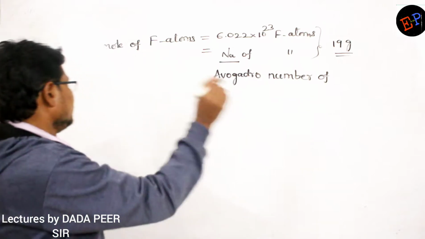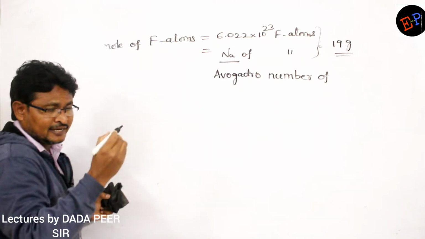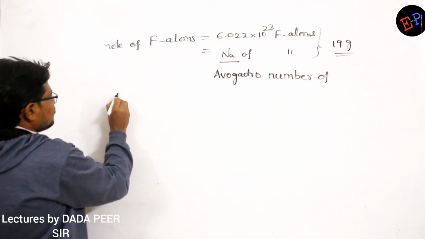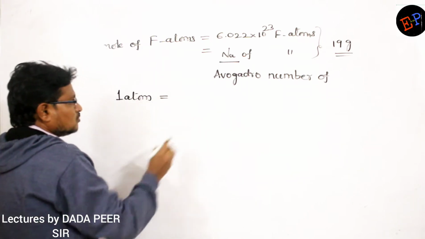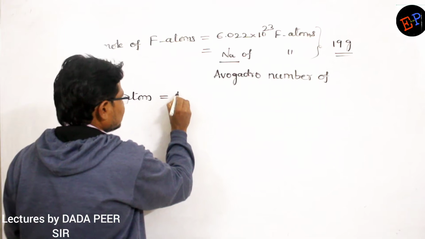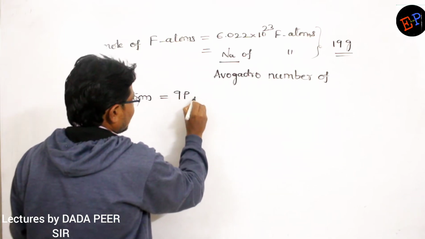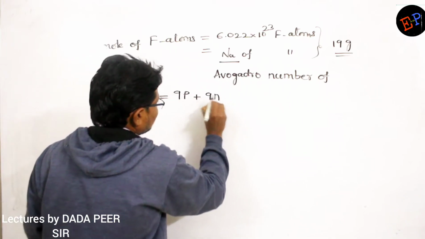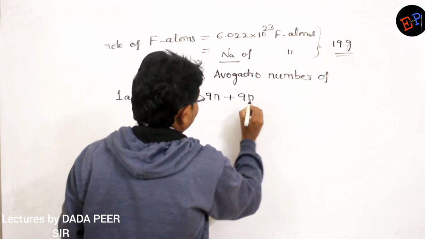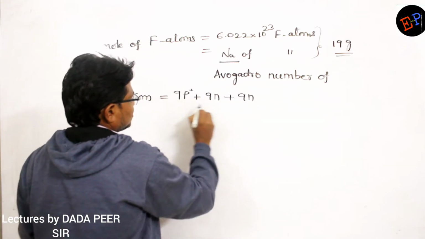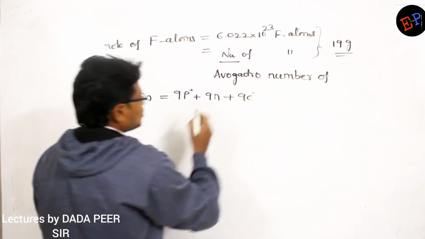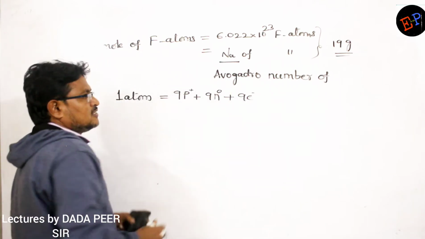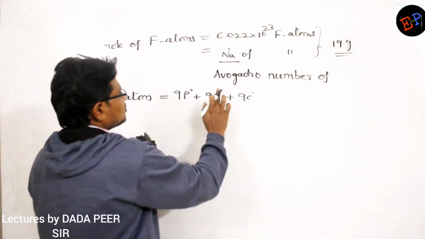Let me explain in a detailed way. 1 fluorine atom is equal to how many protons? 9 protons plus 9 neutrons plus 9 electrons. Protons possess positive charge, electrons possess negative charge, and neutrons possess no charge, zero charge.